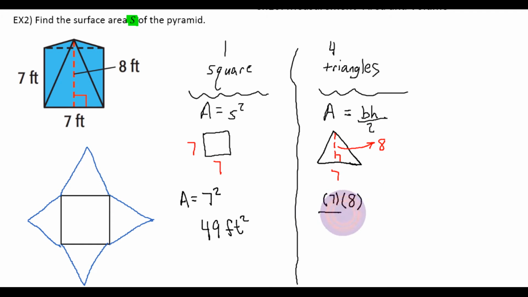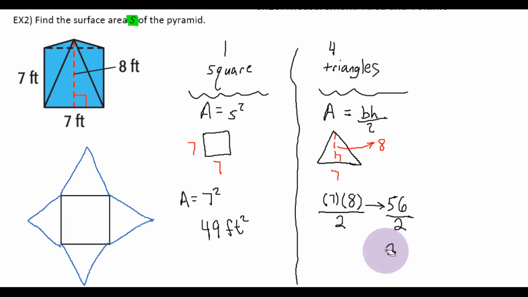And I'm going to divide the base times the height by 2. Well, 7 times 8 is equivalent to 56. Let's write that over here, and I'm just going to indicate with an arrow that 7 times 8 becomes 56, and we're going to divide 56 by 2 still. Well, 56 divided by 2 will give me a value of 28.